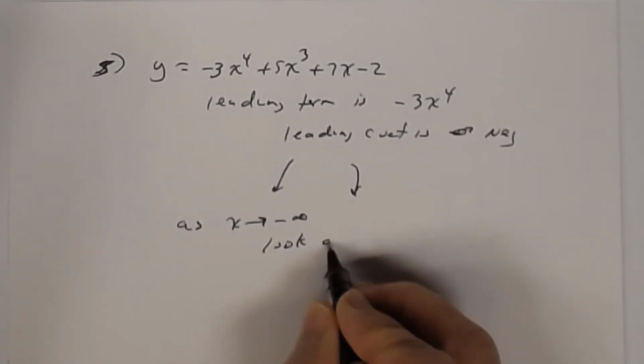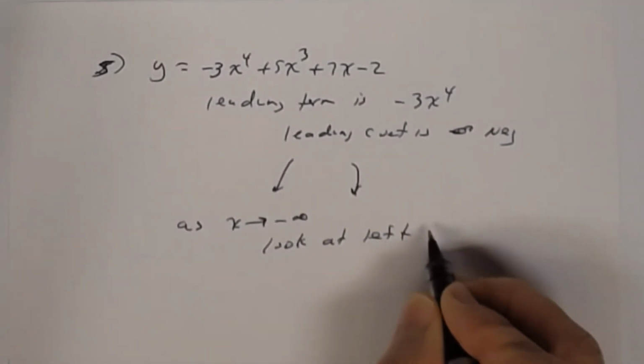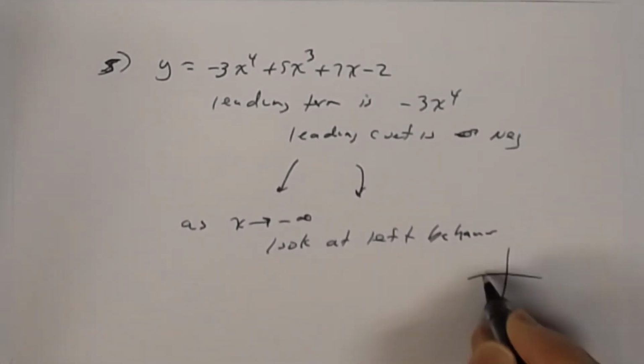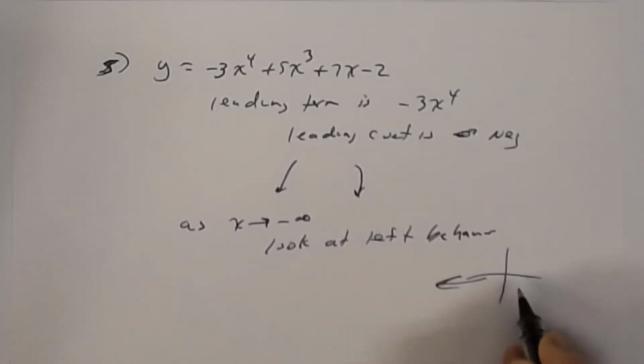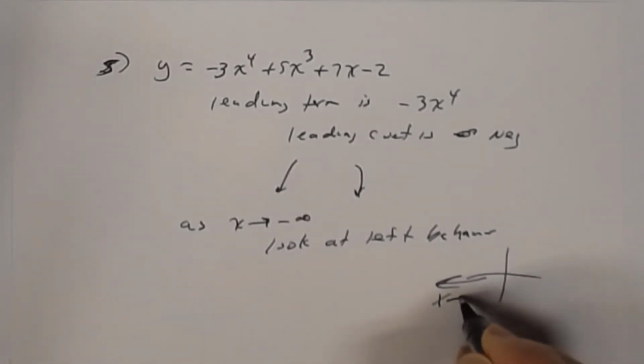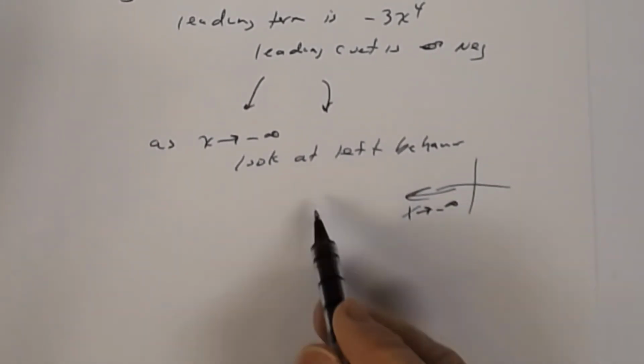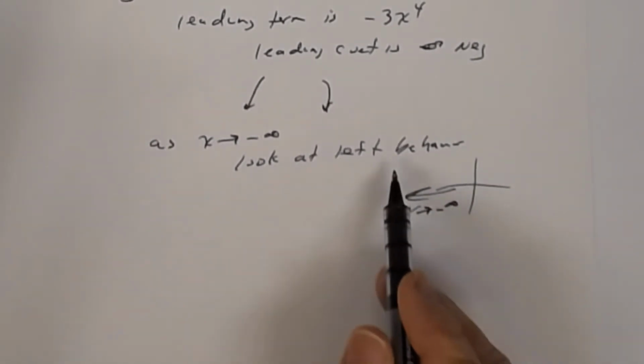Remember, as x goes to negative infinity, you're looking on this side. This is x going to positive infinity, and this is x approaching negative infinity going this way. So you look for the left behavior, the left side.